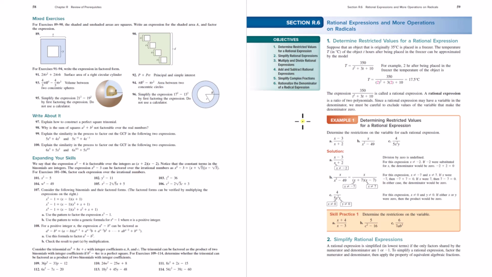Now it might seem like there are so many different categories to remember that it's overwhelming, but it's not nearly as complicated as you would think.